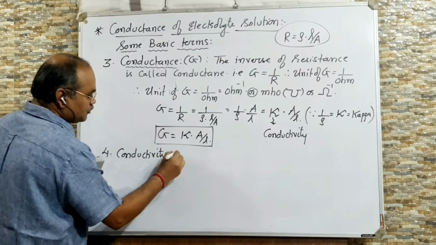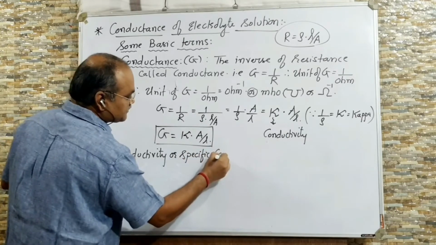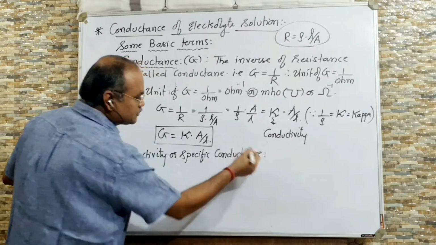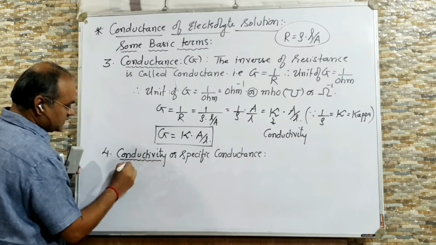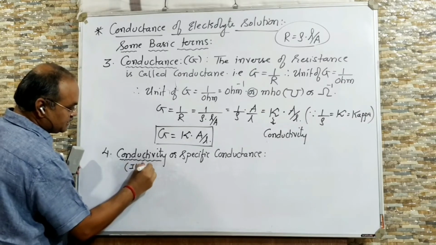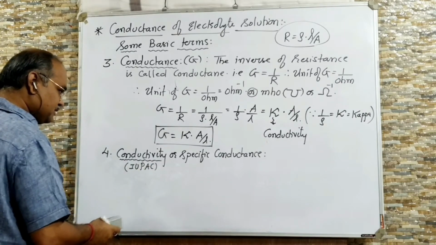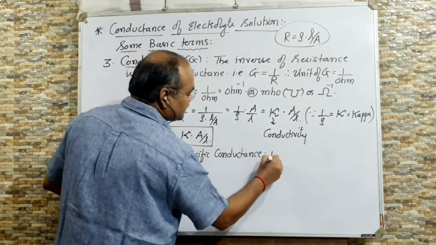Conductivity, or you can use word specific conductance. But IUPAC has recommended a word conductivity. So we are going to use the word conductivity. But you can use the word specific conductance also. Right? Kappa.